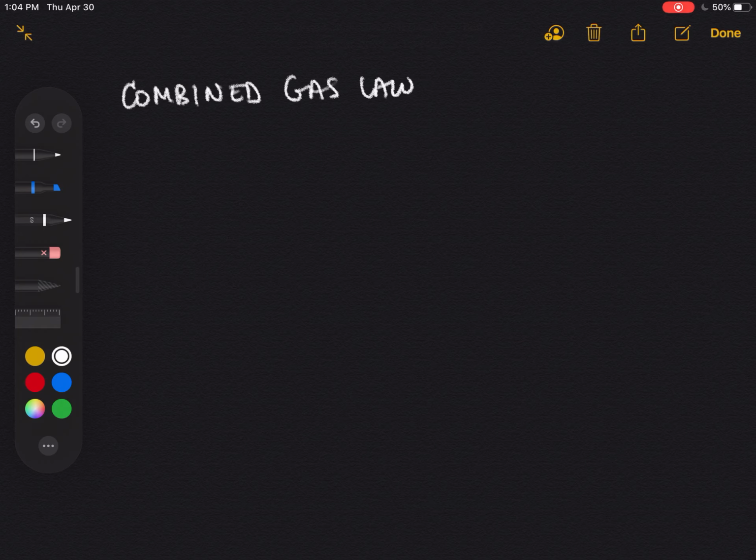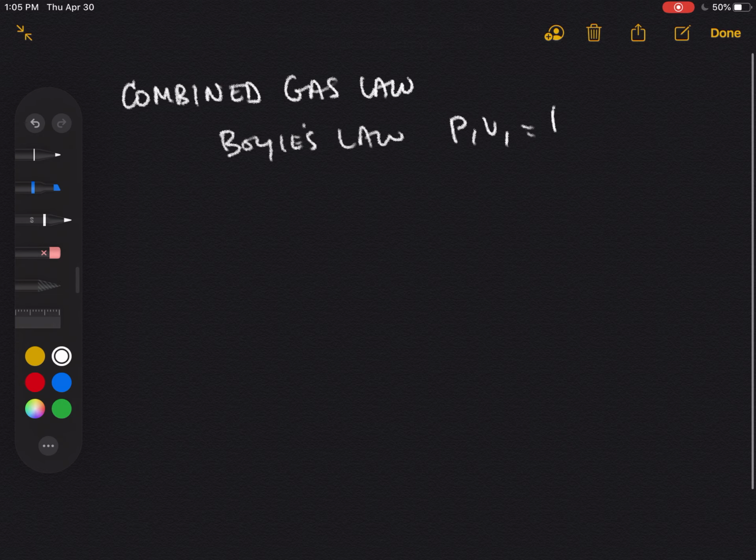All right, so the combined gas law is what we're going to talk about here, and it pulls together actually three different laws. You take Boyle's law, which is P1V1 equals P2V2. It brings in Charles's law.